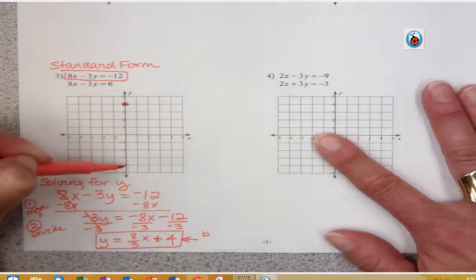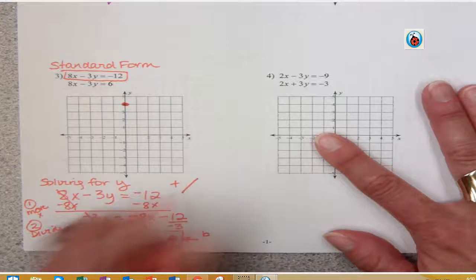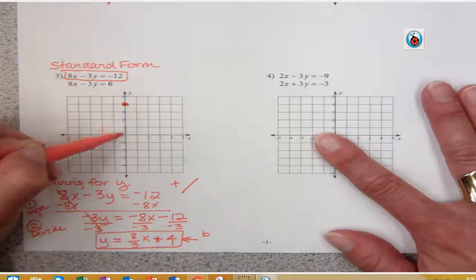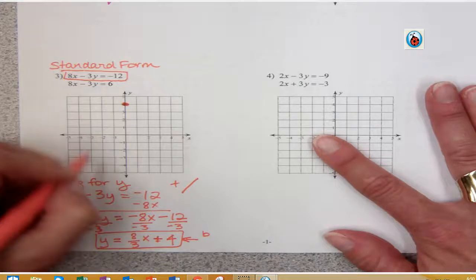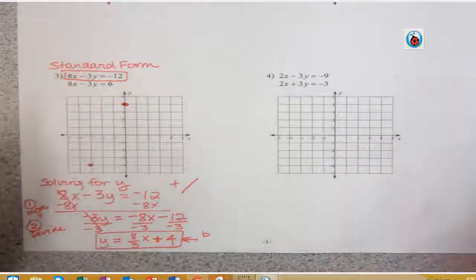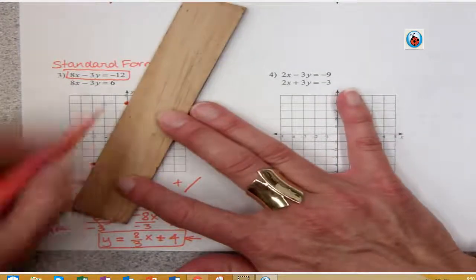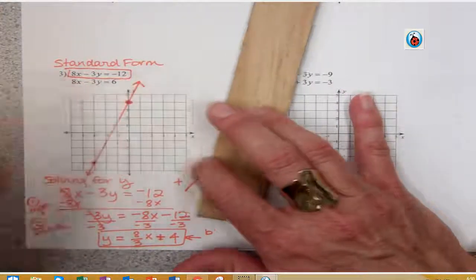Since it's a positive slope, to make it go in that direction, I need to go to the left 1, 2, 3 units. That's my rise over my run. And there I have successfully graphed that line.